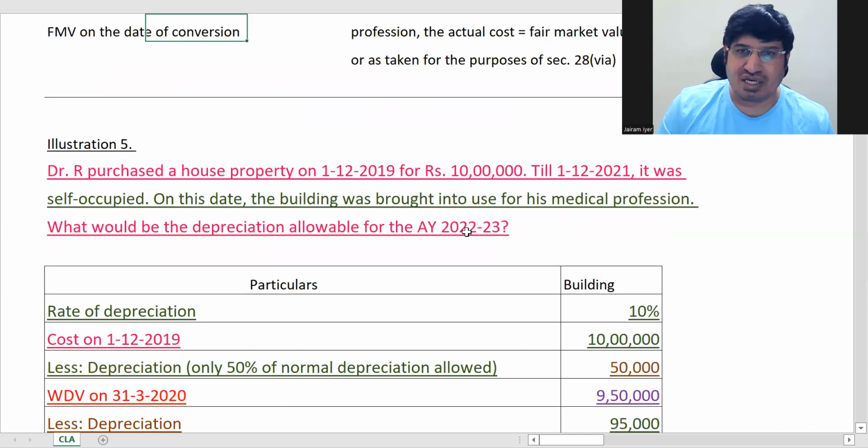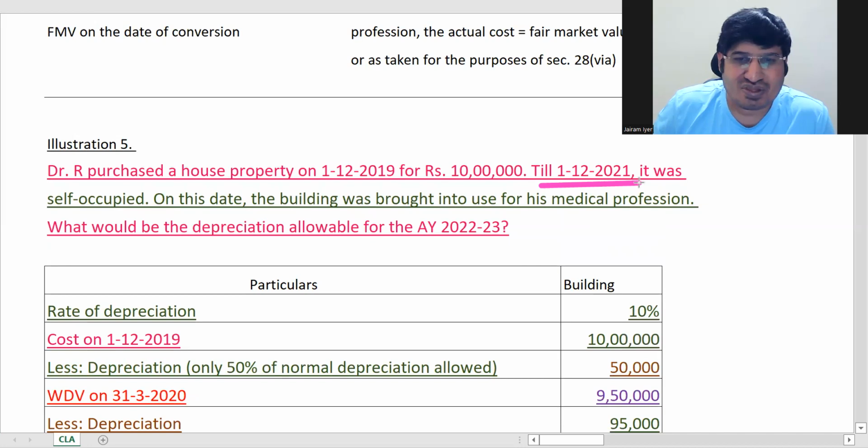So he brought it in the middle of the year, correct? Till 1/12/2021 it was self-occupied. So actually speaking, he brought it in the middle of the year, correct? What should be the depreciation now?